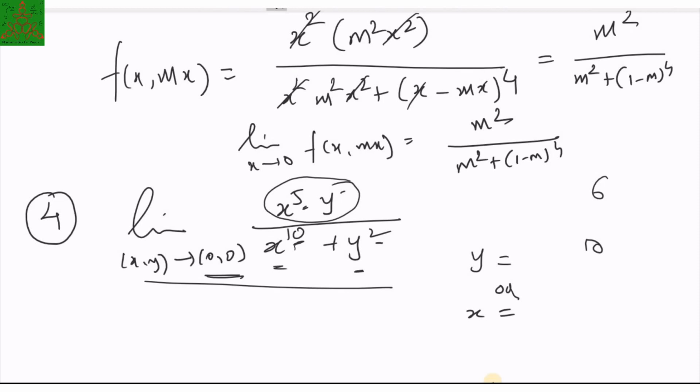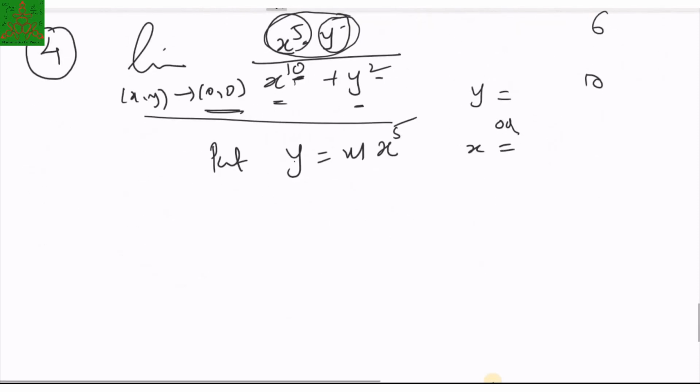So here there is a difference of 4: x power 5 is already there, and here x power 10 is there. So I need to have some y in terms of x power 5, so that x power 10 can be common out and it will cancel. So that gives me the idea that I can put y equal to m x power 5.